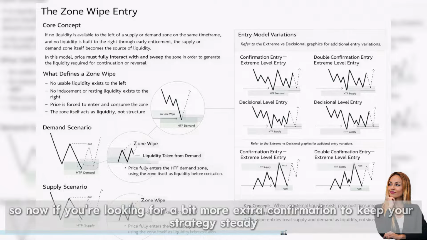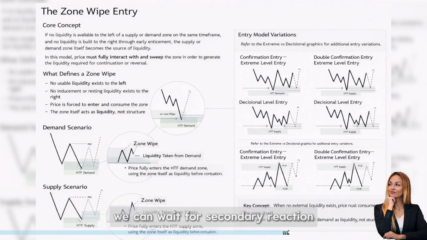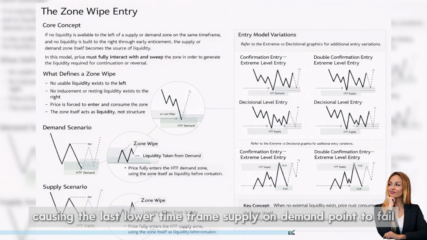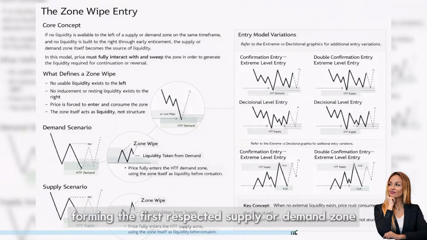So now if you are looking for a bit more extra confirmation to keep your strategy steady, we can wait for secondary reaction. Number 2, double confirmation entry. Price first steps into a higher time frame supply or demand zone, causing the last lower time frame supply or demand point to fail, forming the first respected supply or demand zone.